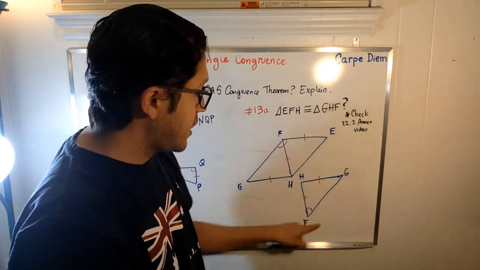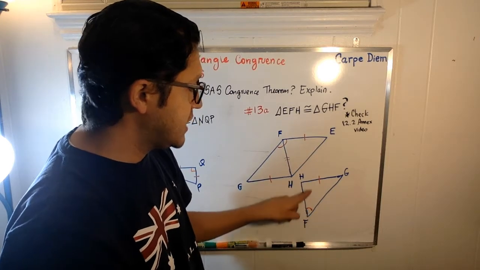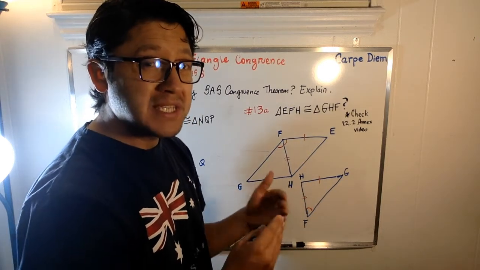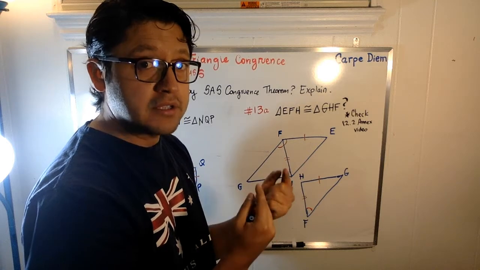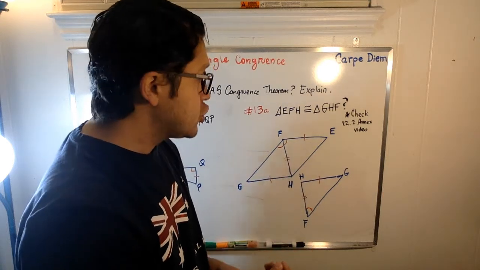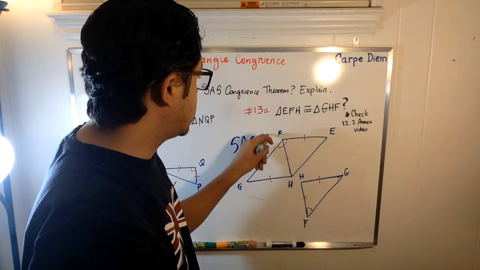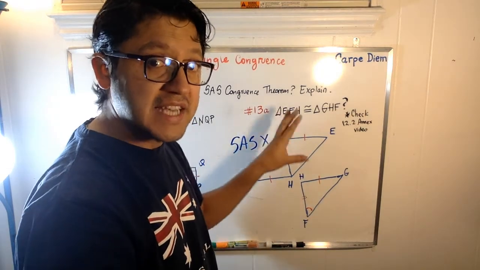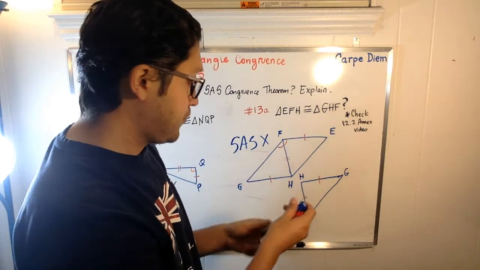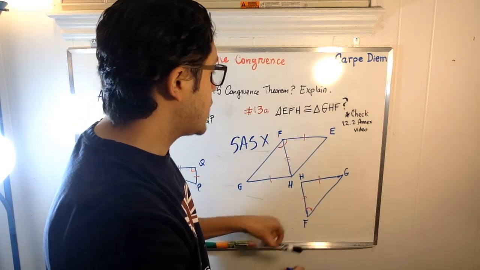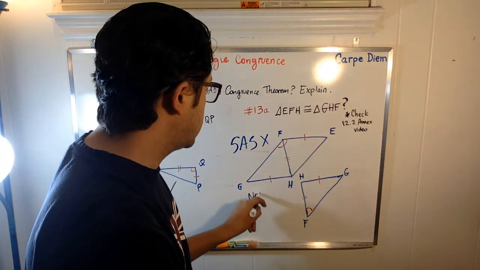But in the other triangle, the angle is not in between them. So it means that the congruent parts are not corresponding. So in this case, SAS is not being satisfied. So I could say that these two triangles are not congruent, okay?